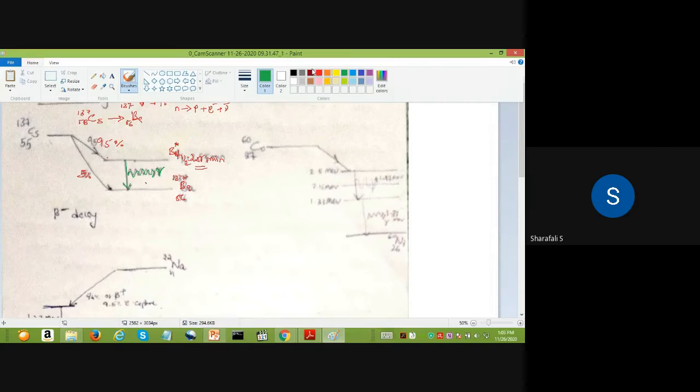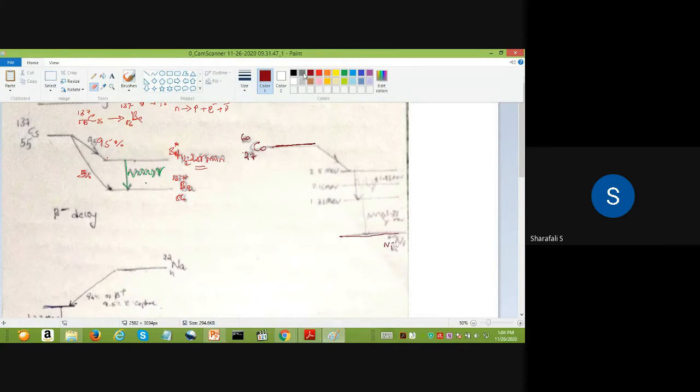Similarly, if you consider the cobalt decay also, you can see that cobalt 60 with, I don't know what is this number. What was that? We did it before, no? So just check that. I think it is 27, right?